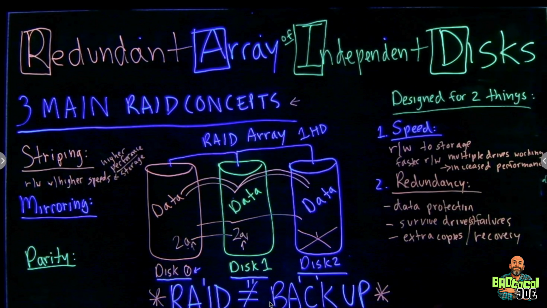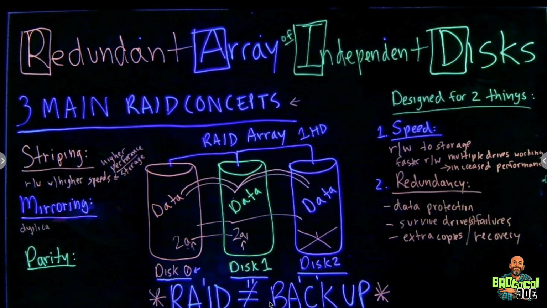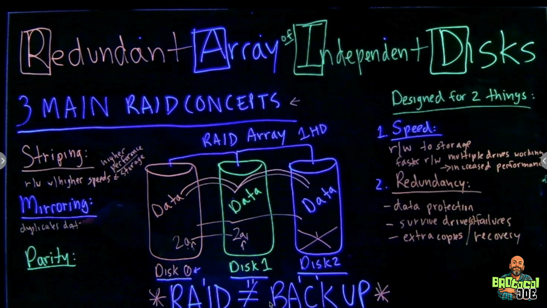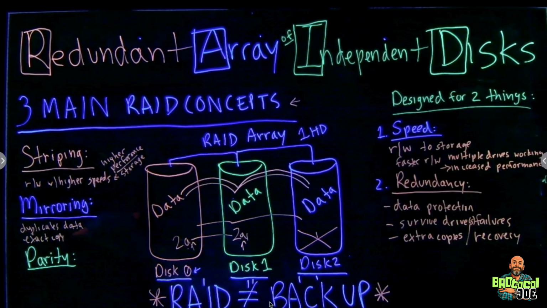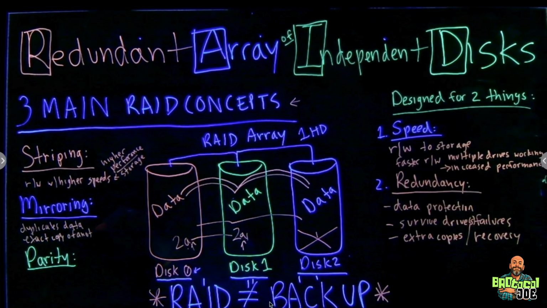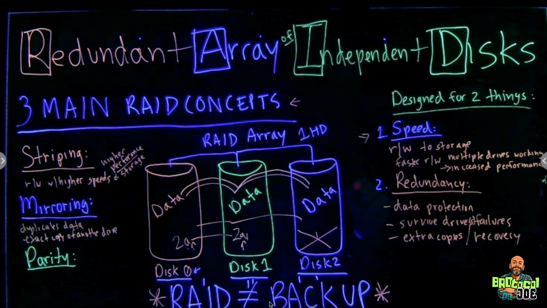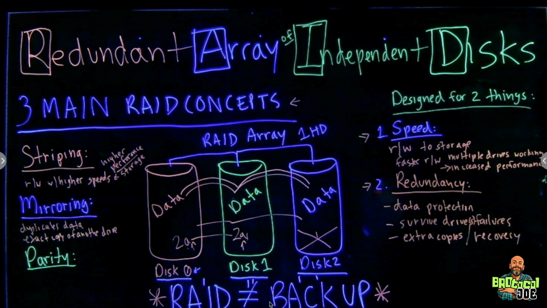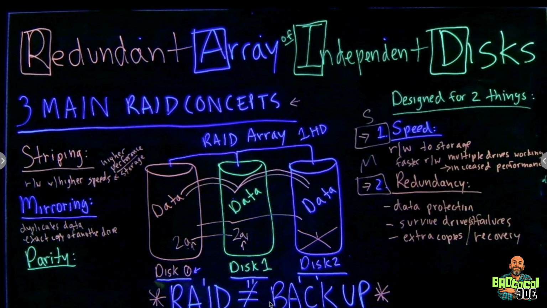Mirroring duplicates data, which means it is an exact copy of another drive. Based on speed and redundancy, mirroring helps with redundancy and striping helps with speed.